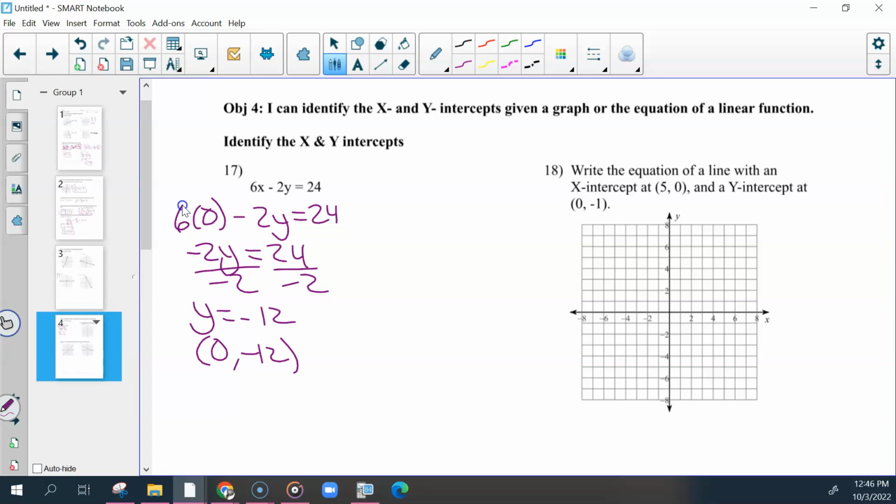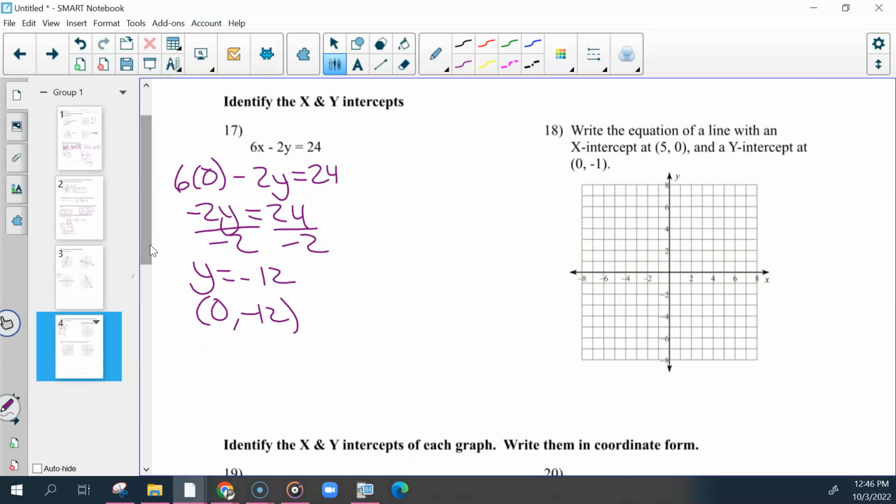Some of you were, for the y-intercept, putting it back in slope-intercept form, which was fine. You could do that, tell me what that y-intercept is, but you would still have to do the work for the x-intercept. Double check your math.